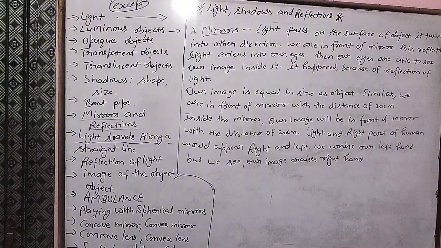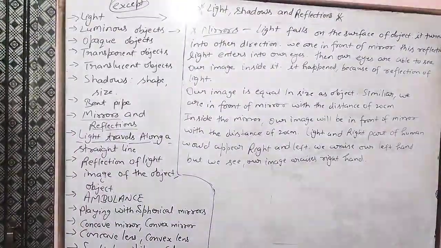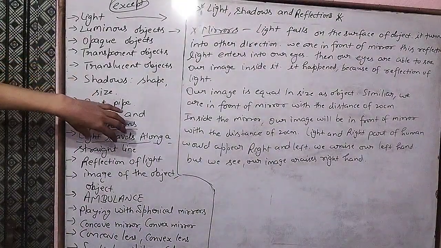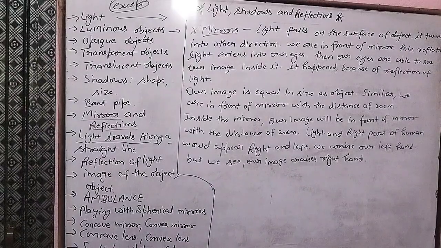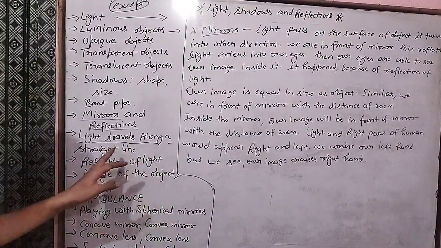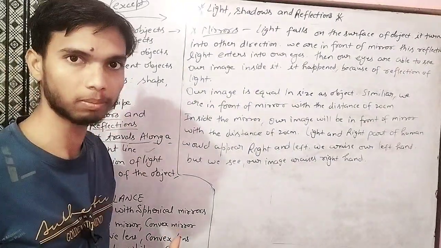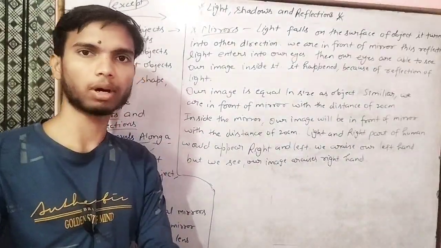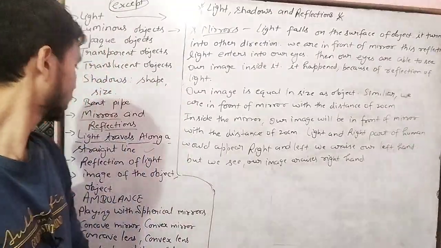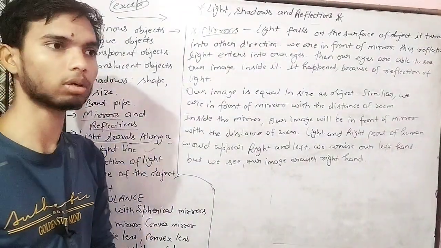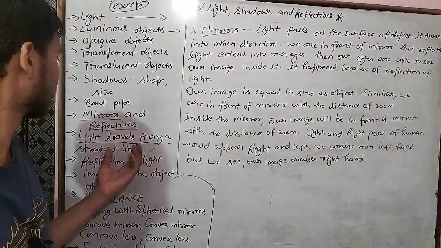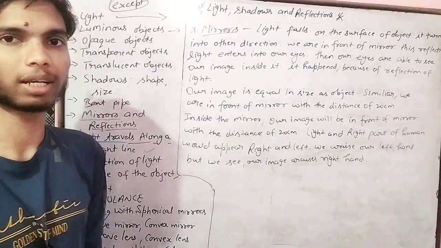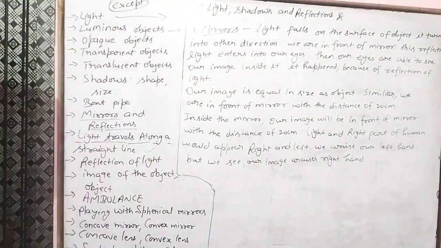Reflection. Light travels along a straight line. I hope we are clear about it. This is an example of the activity with band pen. Through the activity of the band pen, we can understand whether light is traveling in a straight line or not.